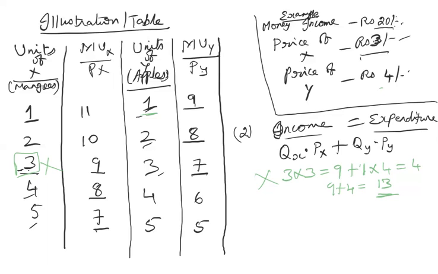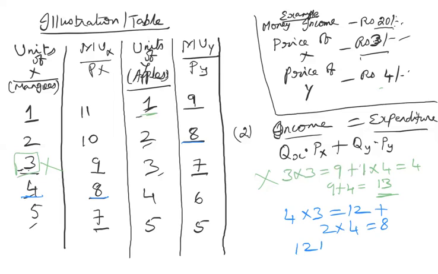Now let us take the next one. Here also it is 8, and here also it is 8. In the same way, if he purchases 4 units of commodity X, 4 into the price of commodity X, which is 3, is equal to 12, plus 2 units of commodity Y multiplied by 4 is equal to 8.